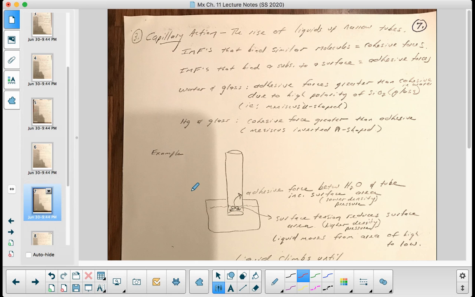So I would like you to know what those definitions are and how the intermolecular forces affect those characteristics. So I'm going to stop there and go to another screencast for the rest of the lecture.